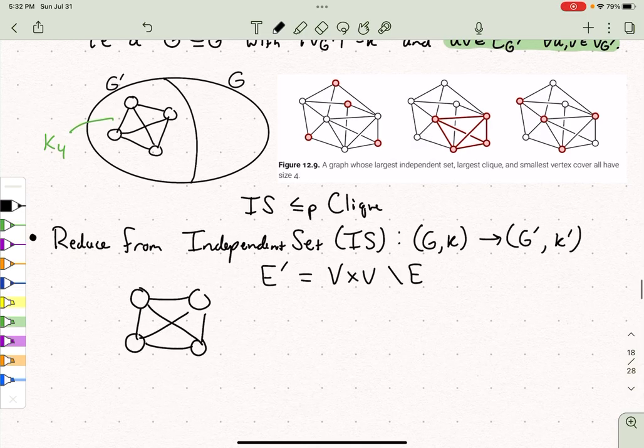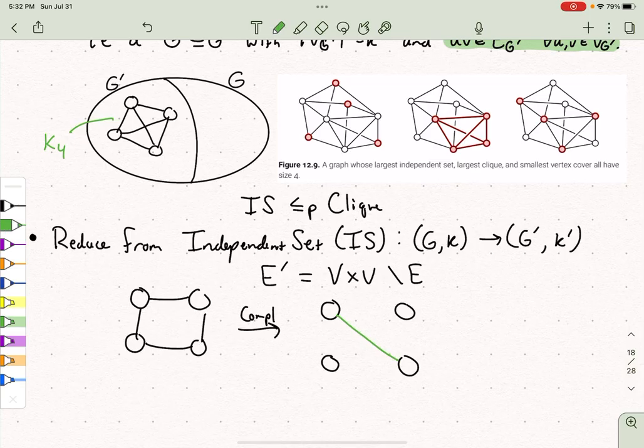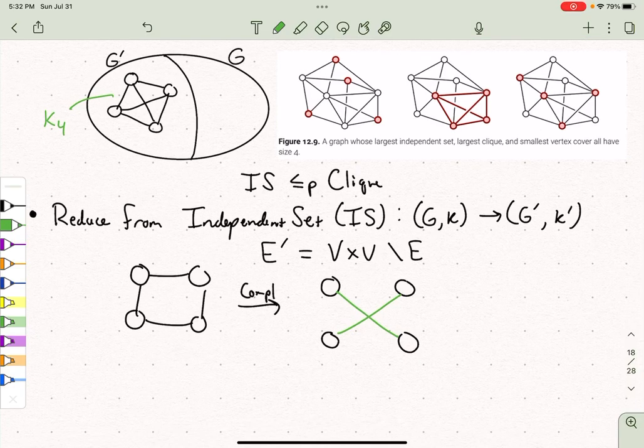So what would that look like? If we took the complement, then we would get this graph. Another example, let's say these 2 edges were missing. Then in the complement, we'd have only those 2 edges. So in particular, a complete graph turns into an independent set once you complement it. If you have all possible edge connections, then if you remove them, you have no possible edge connections.